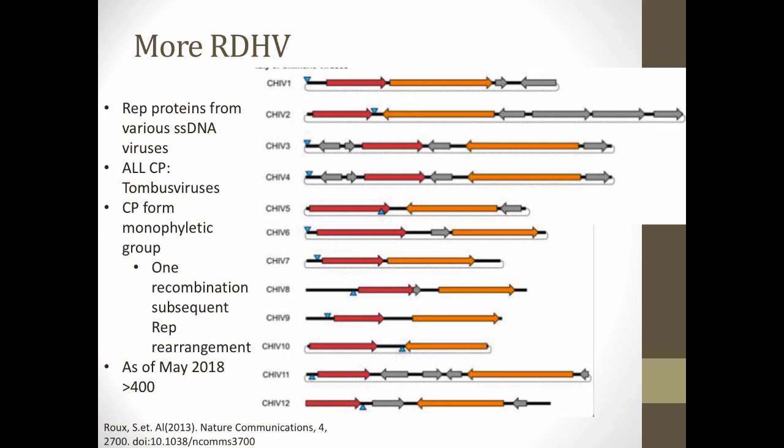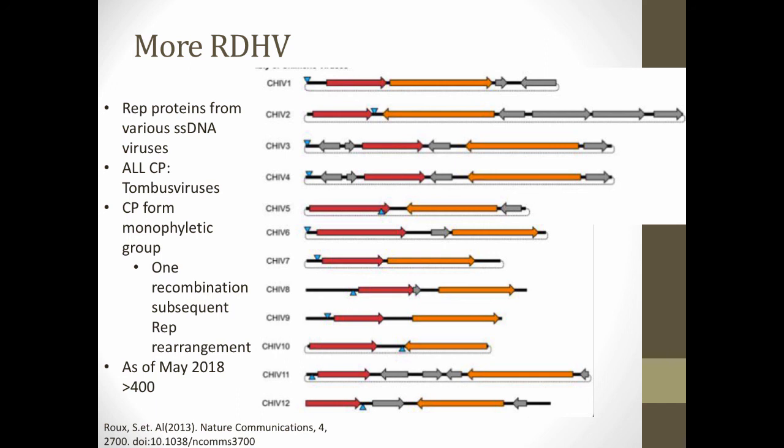People have started looking for these in new studies, and what people have found as of May 2018 is that these are actually, common may not be the right word, but there's a whole lot of these out there in the environment. So I think we're up to around 400 of these sequences. And so what all of these sequences have in common is that they all have a capsid protein from single-stranded RNA viruses, the Tombus viruses, which are plant infecting.